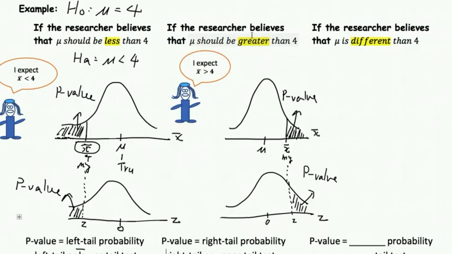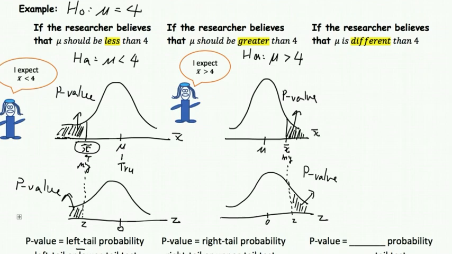If the researcher believes that mu should be greater than 4, that means in the researcher's mind, let's say I'm the researcher, before I go and collect data, I expect that the sample mean is bigger than 4. And my alternative hypothesis is mu bigger than 4. In this case, when I draw a distribution diagram of x bar, my sample mean will be, and hopefully will be, on the bigger side of mu.